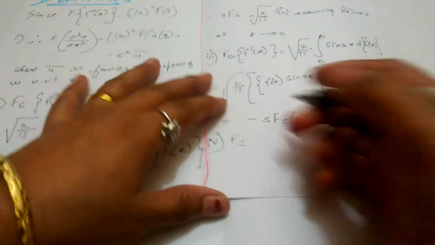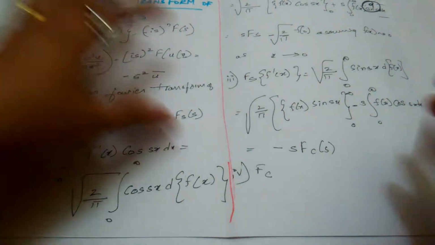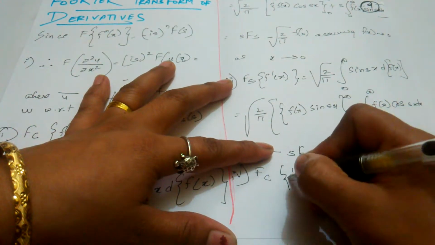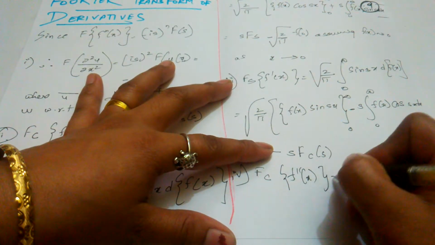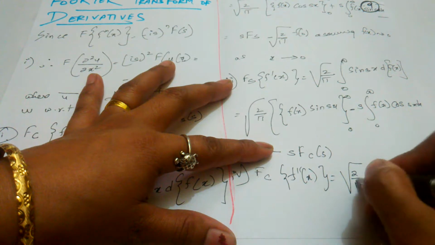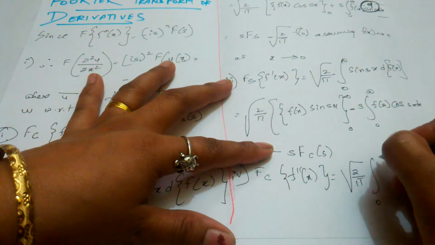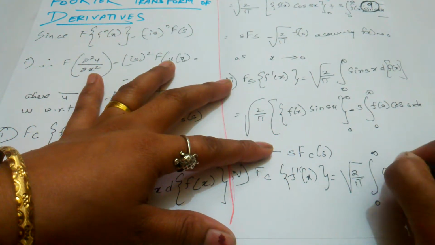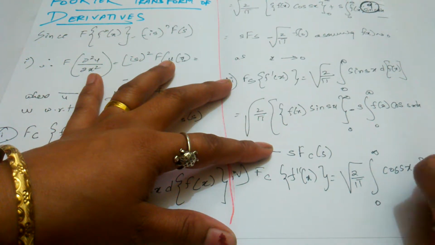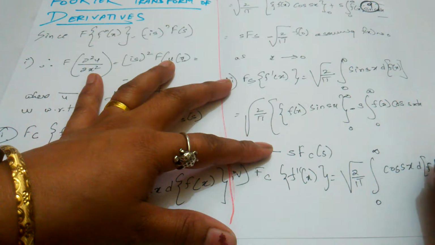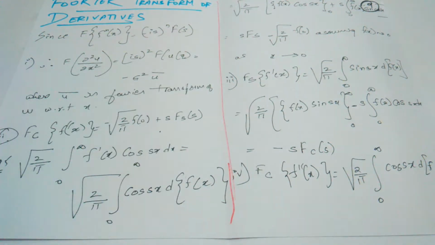So F_c of f double dash of x is equal to square root of 2 by pi integral 0 to infinity cos sx d f dash of x. So how will we proceed with this proof? Let's see.